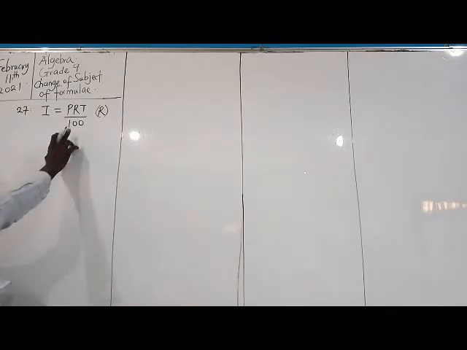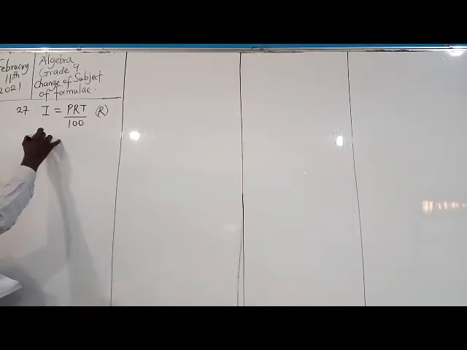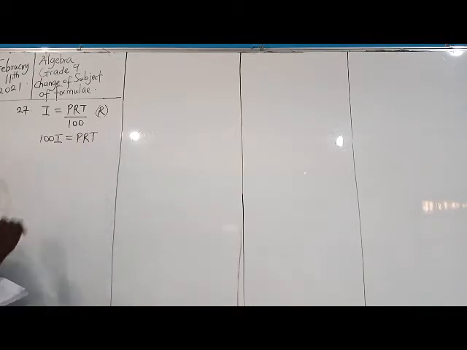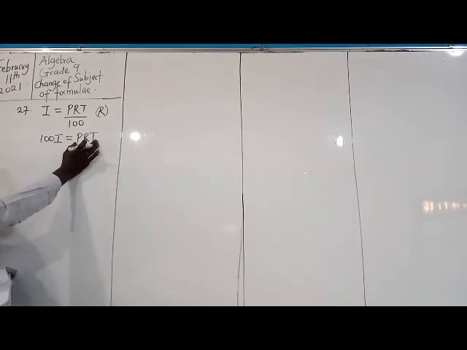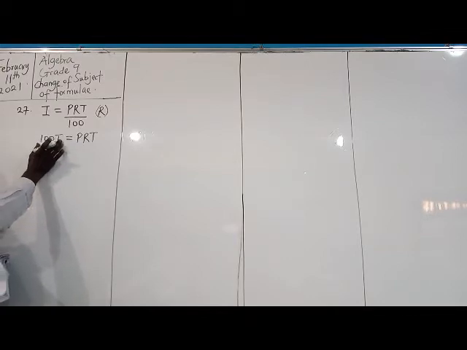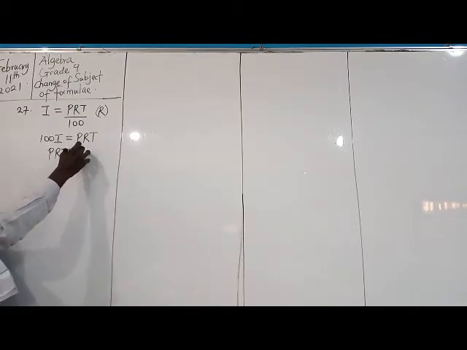The first thing we need to do is to clear the denominator, and that will be 100I equal to PRT. The next thing you do is to rewrite. Take your right hand side, move it to your left, and take your left hand side and move it to your right. So that will be PRT equal to 100I.